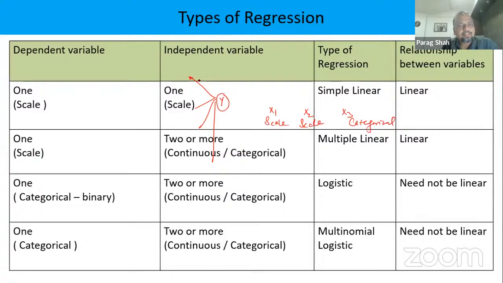I want to classify this person in a high risk zone, medium risk, low risk, or no risk zone. I want to classify that person because I want to disburse the loan. I just don't want to classify whether it will be default or not. I want to classify into different groups. So that means there are multiple categories for this. In that case, we have to go for multiple logistic regression.